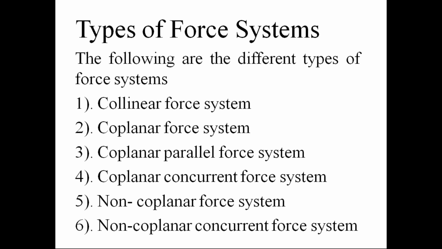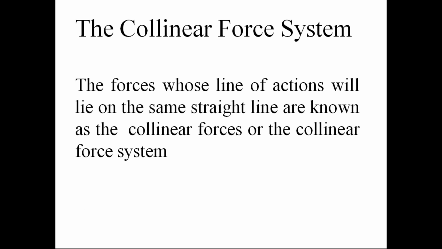So like that, we have 6 types of force systems acting on the rigid body. Now we will discuss them one by one. Please listen and understand them carefully. The first one is the collinear force system. The first type of force system is the collinear force system.